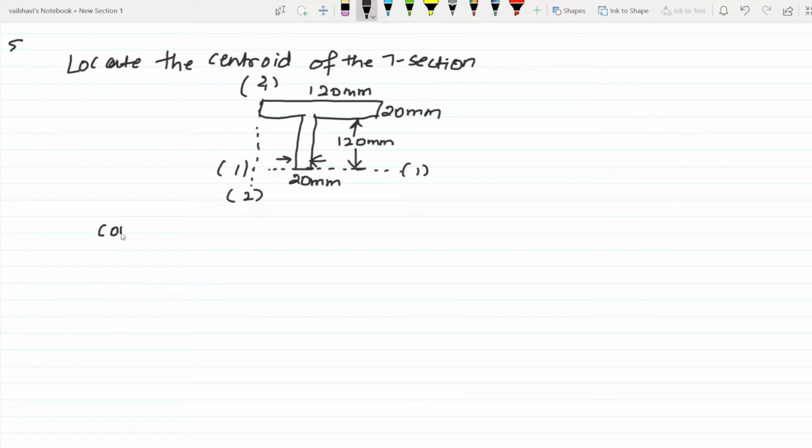First we write the component, taking them one by one: rectangle 1 and rectangle 2. Let us say this is 1 and this is 2. Next column is area, in mm square.